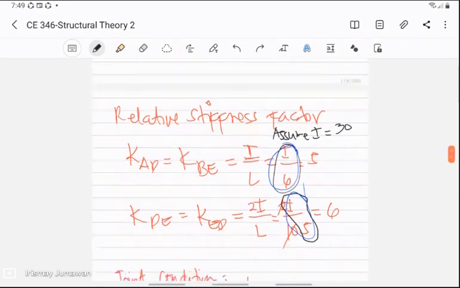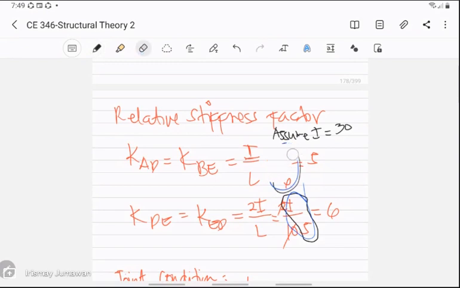I told you last time, in order for you to be convenient in your solution, you do not deal with variables and fractions. We will assume I as the common multiple of the lengths. Our lengths there are 5 and 6, since 2I over 10 reduces to I over 5.